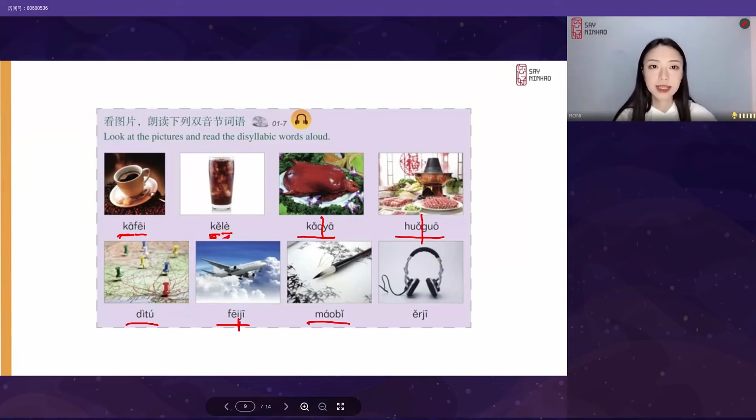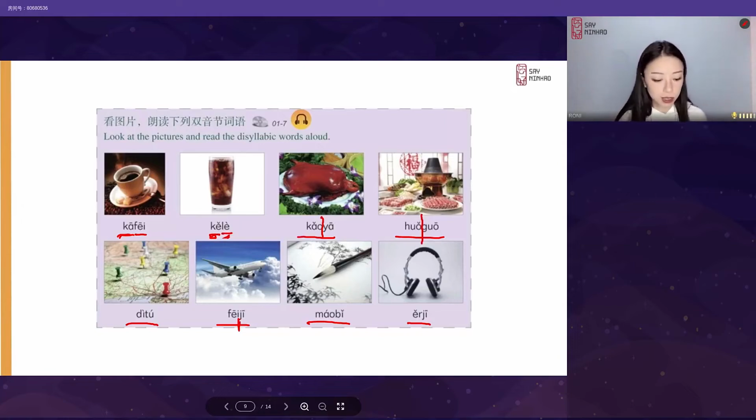Read after me, please. 毛笔, 毛笔. It means brush pen, brush pen. Last one is 耳机, er, ji, 耳机. It is headphone. Read after me, please. 耳机, 耳机. Very good, very good.